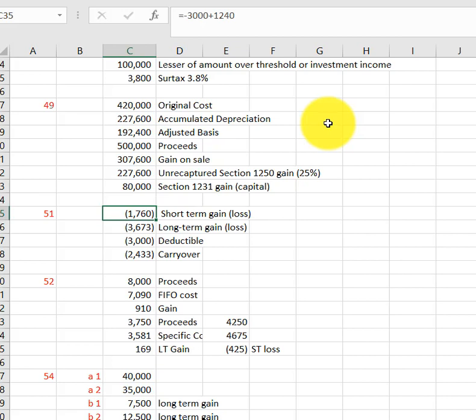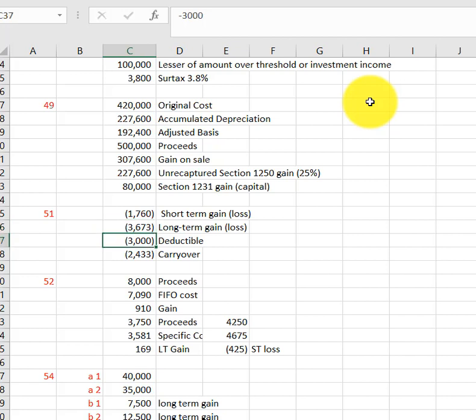51. We're looking at some carryovers. We take our loss and we offset it with the gain, so we end up with a short-term loss of 1,760. We add the two for the long-term carryover in the current year, 3,673.